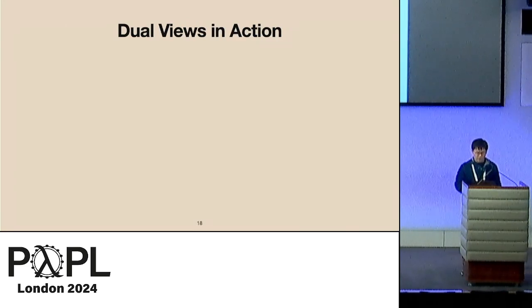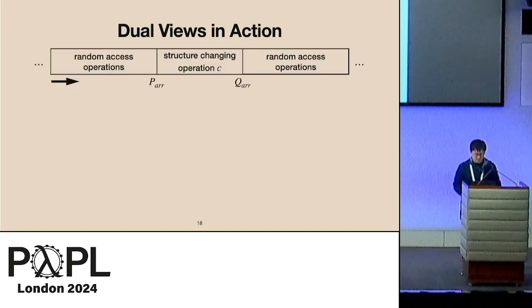And as mentioned before, the array view and the tree view are specialized in proving different types of operations. So in the case where different types of operations are interleaving inside a program, we may want to switch between the two views during the proof. For example, consider the case where there is a structure changing operation C inside a series of random access operations.